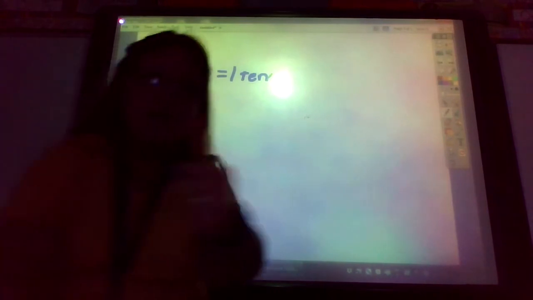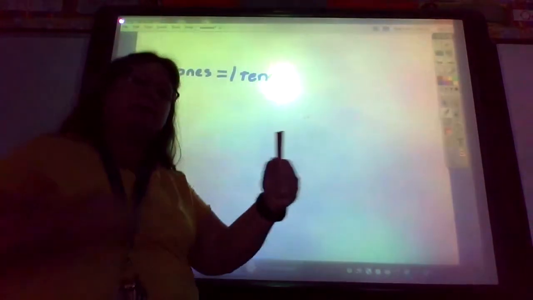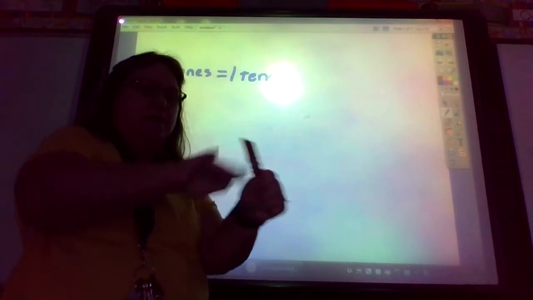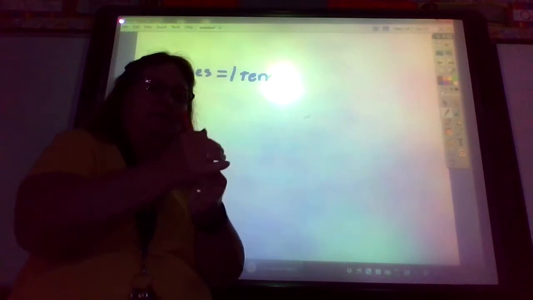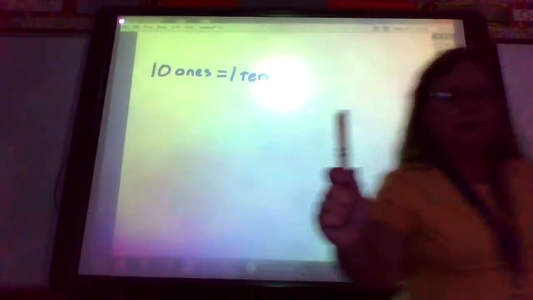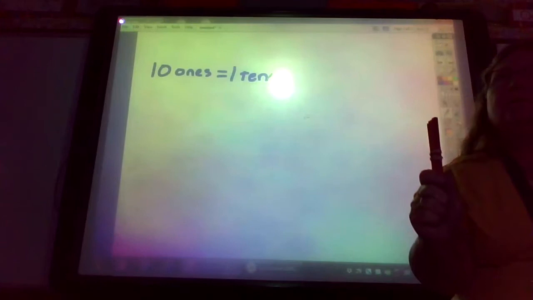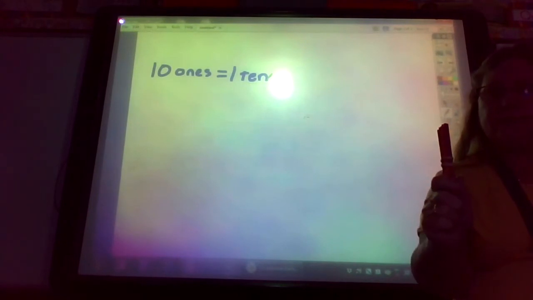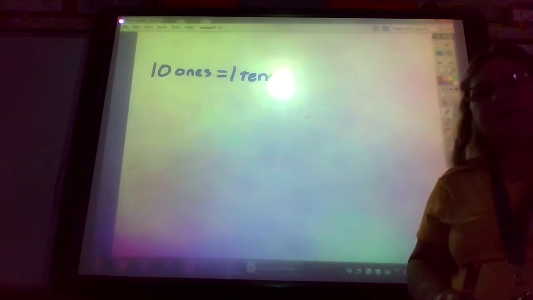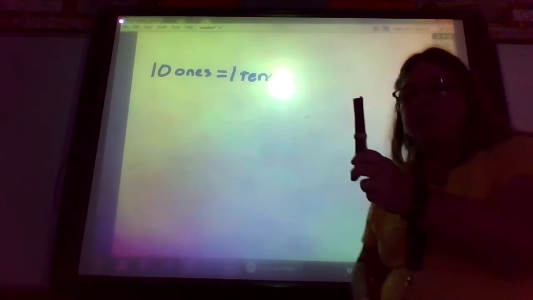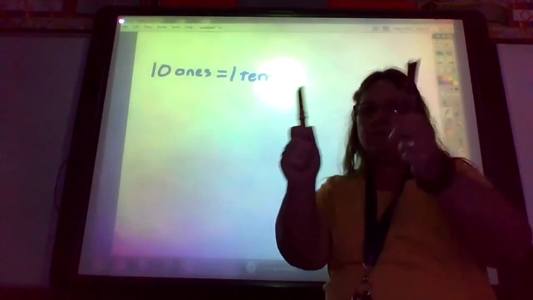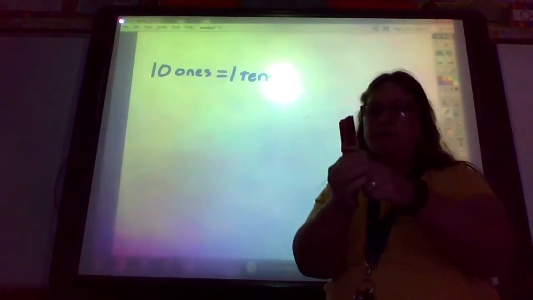Well, since I have 10, I'm going to bundle them together. So I got my rubber band, and now I have 10 here, okay? Well, now I can count to 10 by 10s. So if this is 10, and if I have a second bundle of 10, 10, 20. Now I have 20.